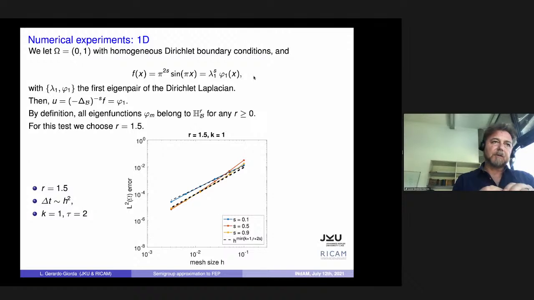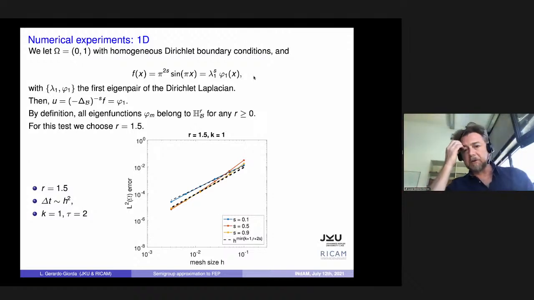With this choice of the quadrature rule, we're expecting an error that depends on the quadrature rule that we choose. And that's exactly what we've been able to observe here. Here you can see, in dashed lines, the predicted convergence rate and the convergence rates that are exhibited by different values of the fractional parameter s.